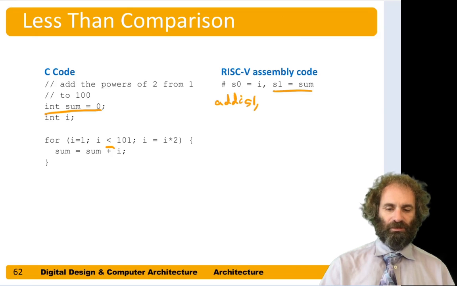At I, S1 gets 0 plus 0. And we'll start I at 1. And we're going to need to be comparing against 101, so let's put that in a temporary.